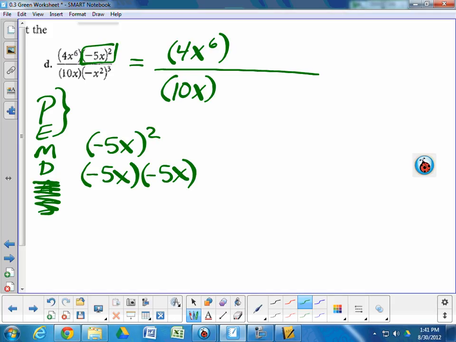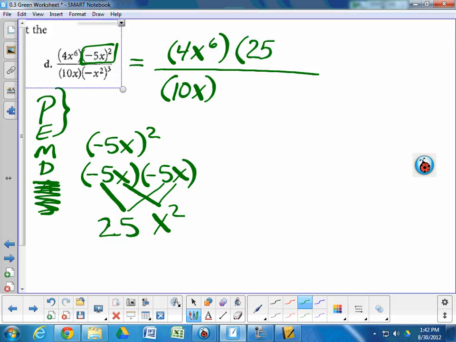True? True. Okay? Let's multiply the negative 5's. What do you get? Positive 25. Now let's multiply the x times the x, and what do you get? X squared. So that second set of parentheses in this box up here is 25x squared. That's what it becomes.